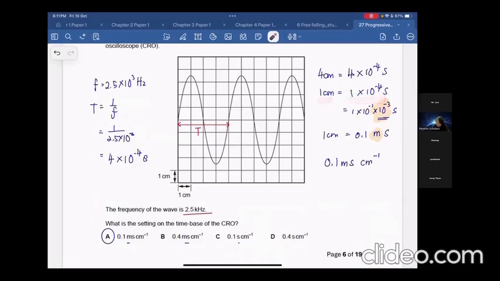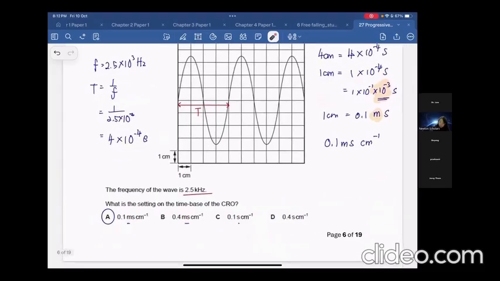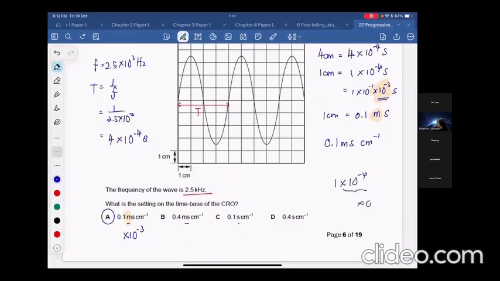Then why do I become here times 10 power negative 3 times 10 power of negative 1? It is because here I saw the answer is in milli. I know that in milli, there will be times 10 power of negative 3. So at here, I'm trying to make 1 times 10 power of negative 4, I'm trying to split it up. It becomes times 10 power of negative 3, then times 10 power of negative 1, because negative 1 plus negative 3, I get back negative 4.